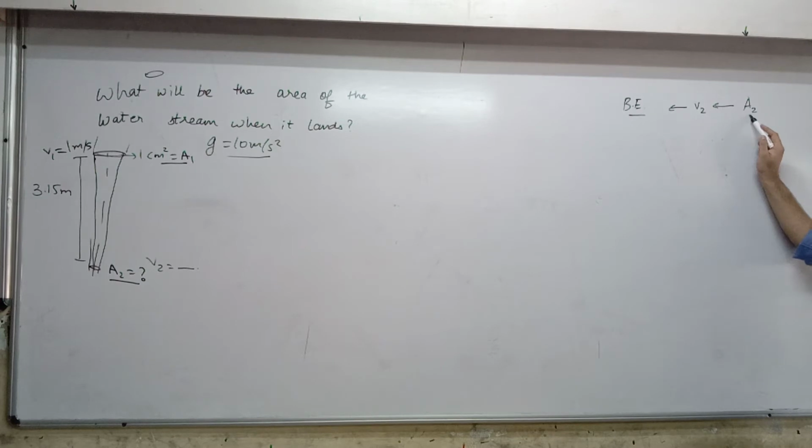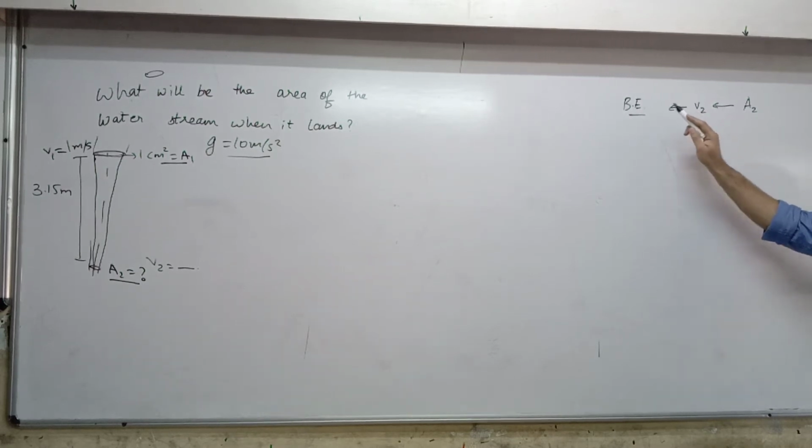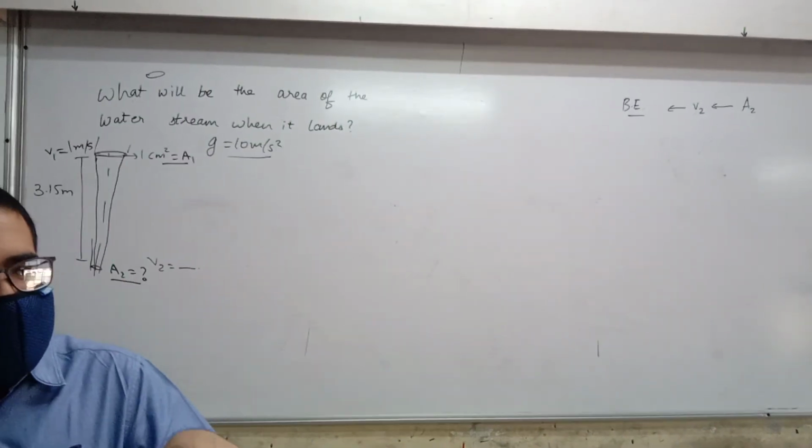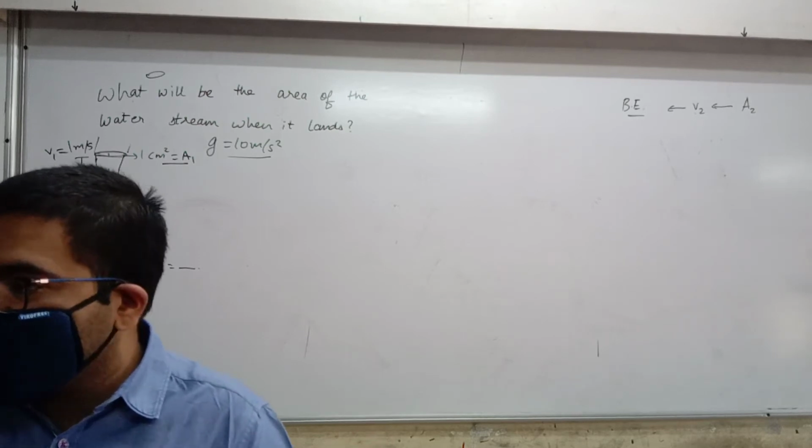I said that to find A2 you need V2 and to find V2 we need Bernoulli's equation, right? Will pressure be same at both places? Yes, because it will be open to the atmosphere. It doesn't fall in a pipe. If there would be a pipe, it won't be the same.